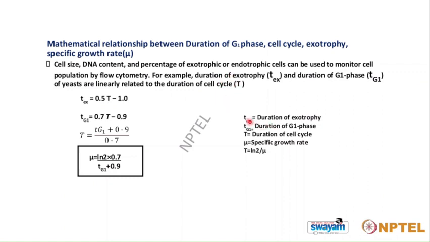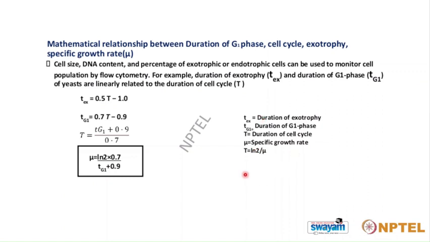Here TEX refers to the duration of exotrophy, TG1 refers to the duration of G1 phase, T refers to the duration of the entire cell cycle, and mu refers to the specific growth rate. This duration of cell cycle is related to ln 2 divided by specific growth rate.